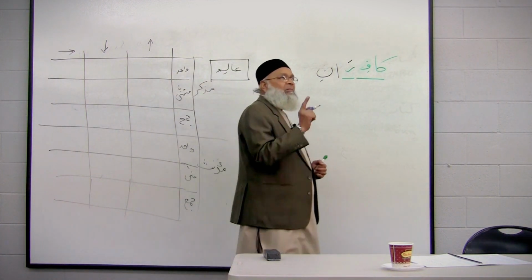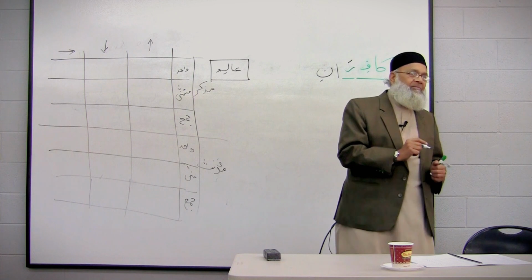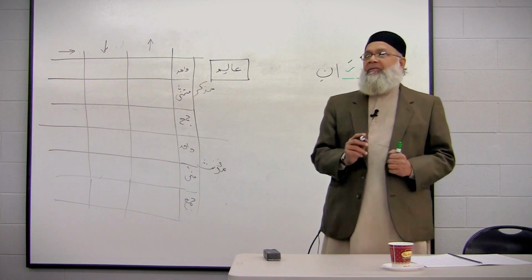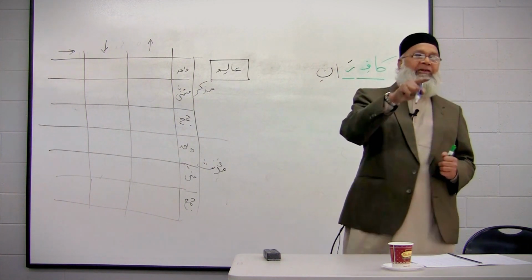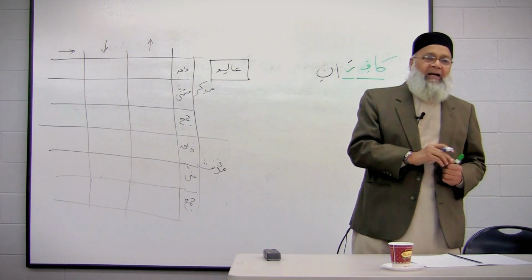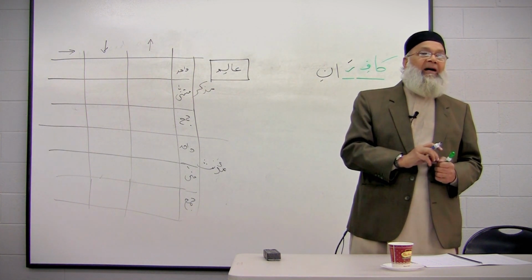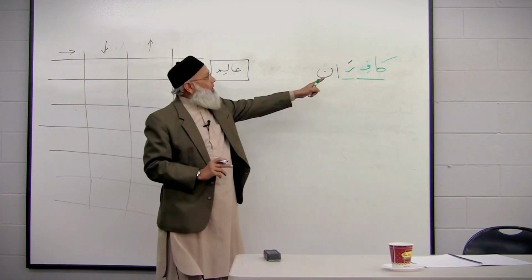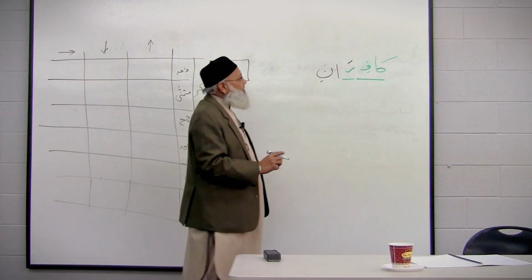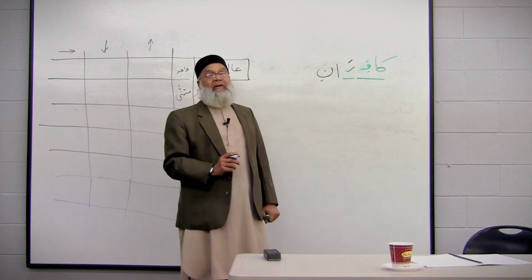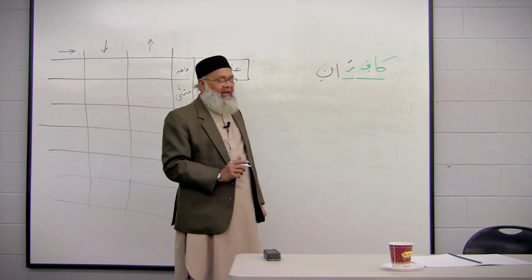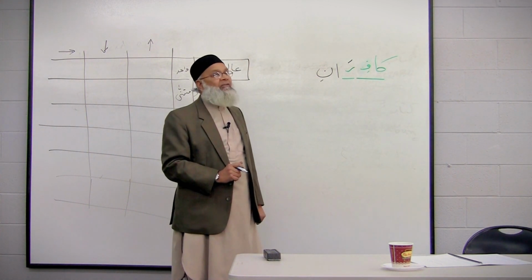To make musanna in rafa form, you have to give fatha to the last letter of the singular form and then add an alif followed by a noon with kasra. So kafirun will become kafirani.